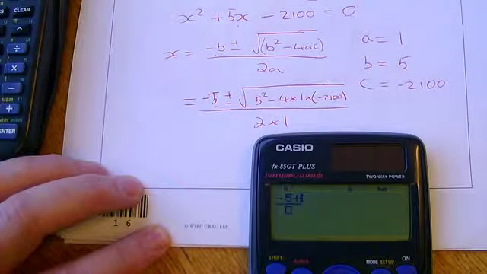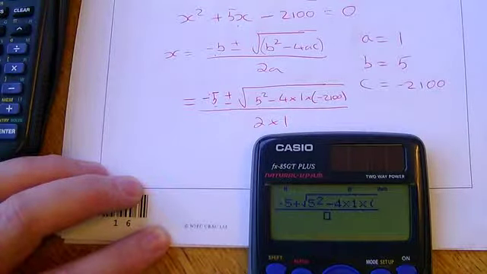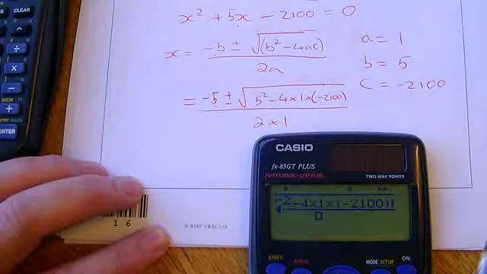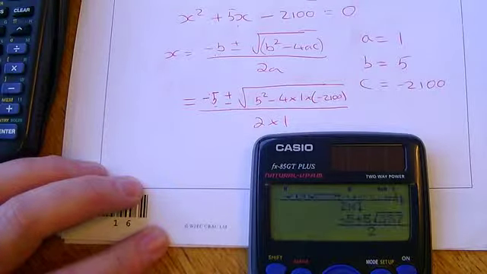So minus 5 plus square root 5 squared minus 4 times 1 times, put it in brackets, will stop you getting an error, divided by 2 times 1, press equals.